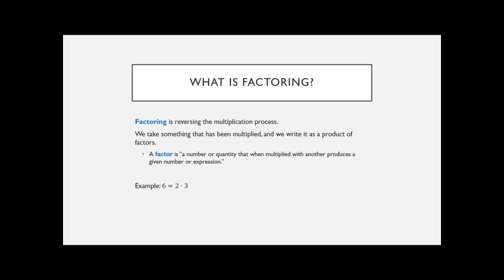So with numbers, a factor of 6 is any number that can divide into 6. So 1, 2, 3, and 6 divide evenly into 6, so they're factors of 6. Factoring means writing that number as multiplication instead. So you can write 6 as 2 times 3 instead of 6. You can also write it as 1 times 6.